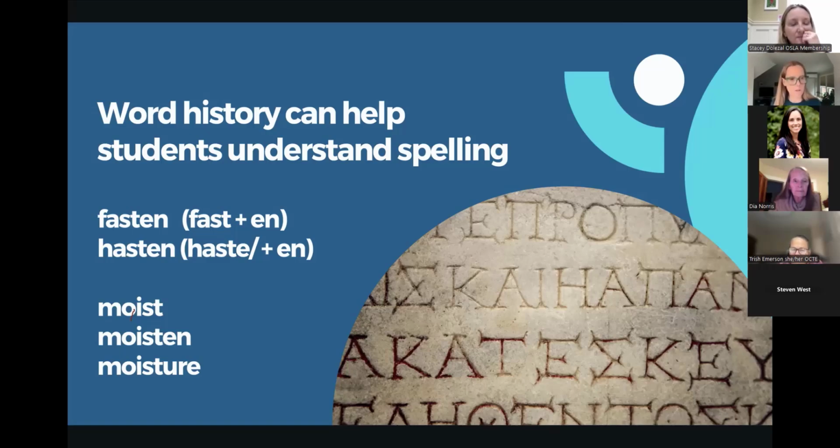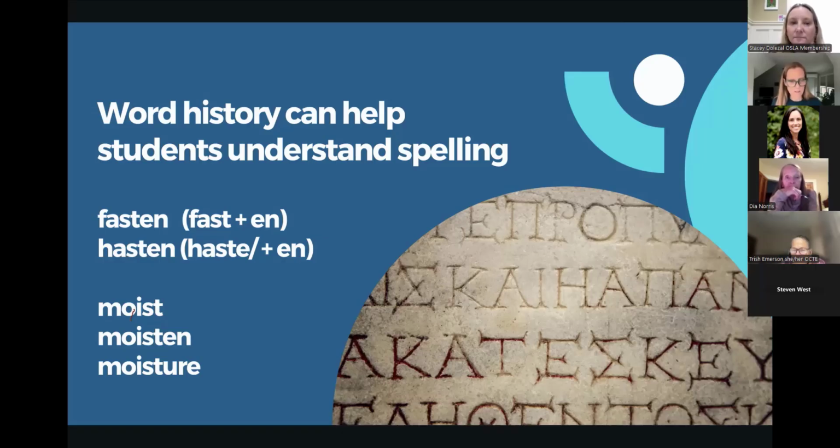And then once you understand there's a T and what it means, so fast, if you look up in Etymonline, it tells you that the root of fast is from the Old English, which means to secure, right? Now, kids always think of fast as having to do with speed, but this is another meaning of the word fast.